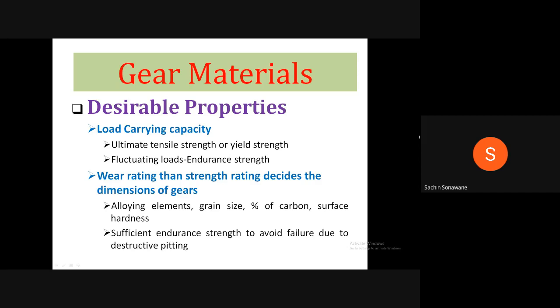Also, in four wheelers, in trucks and all those heavy duty vehicles, we find use of gears in the differential gearbox. There, bevel gears are used. Therefore, what are the desirable properties of gear materials? First is the load carrying capacity, because we use gears for motion and power transmission.